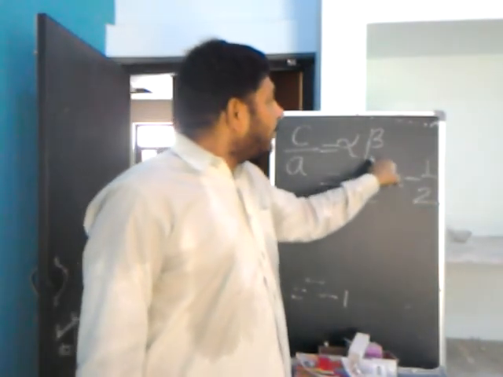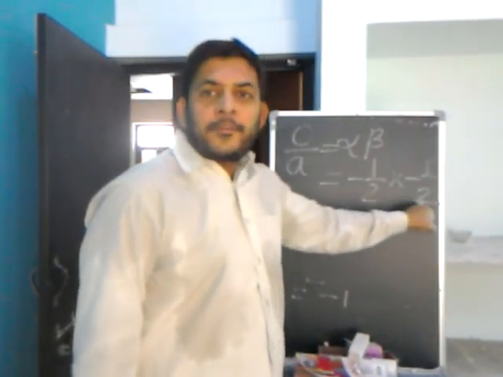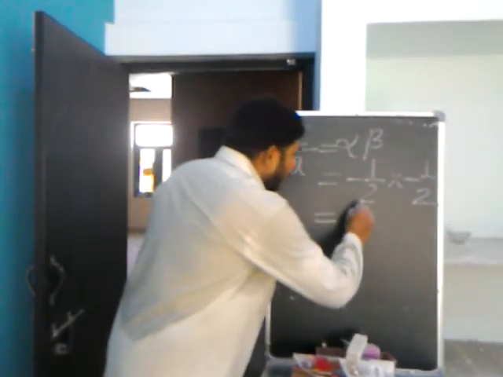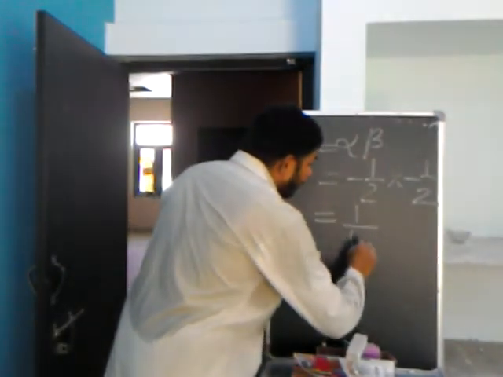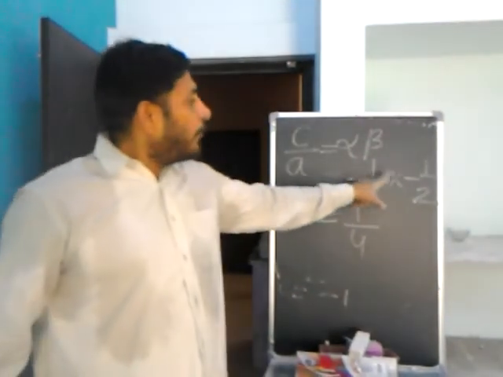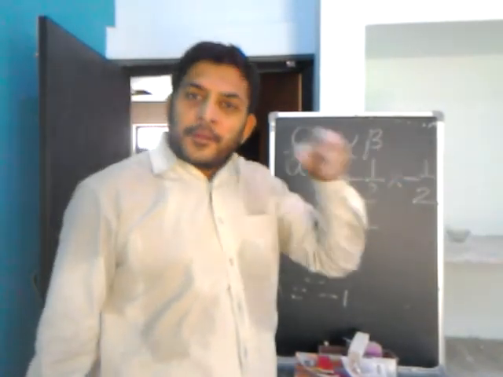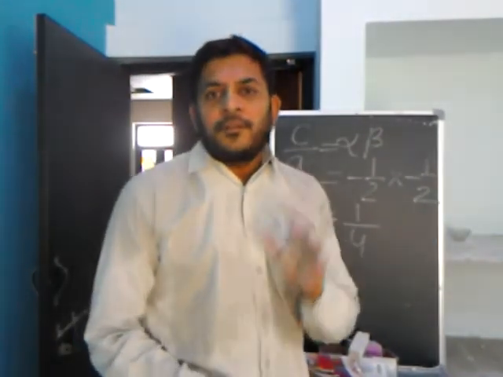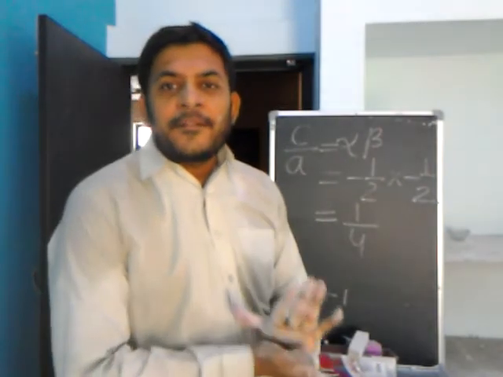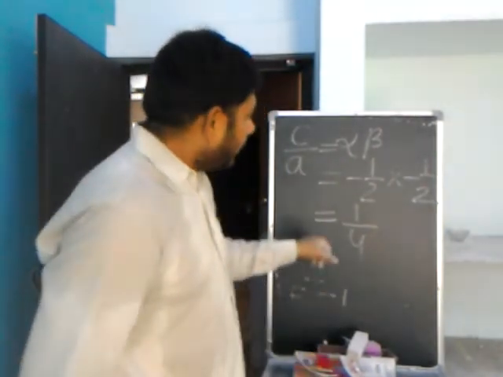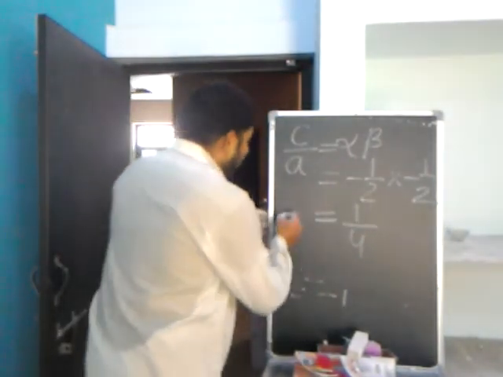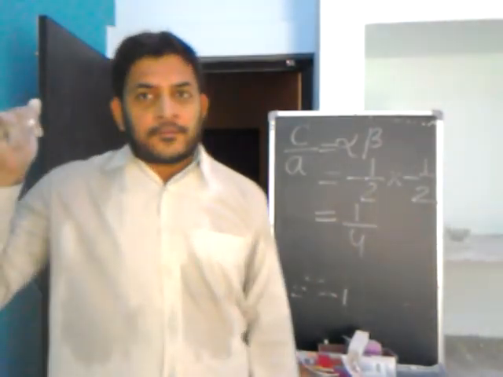We will multiply numerator by numerator and denominator by denominator. So 1 ones are 1 and 2 twos are 4. Since both minus 1 by 2 and minus 1 by 2 are negative, and when we multiply negative integers we get positive integers, c upon a is equal to 1 by 4, which is correct.